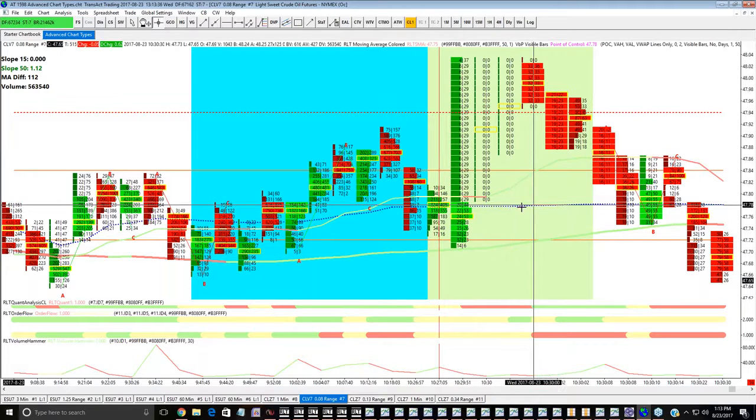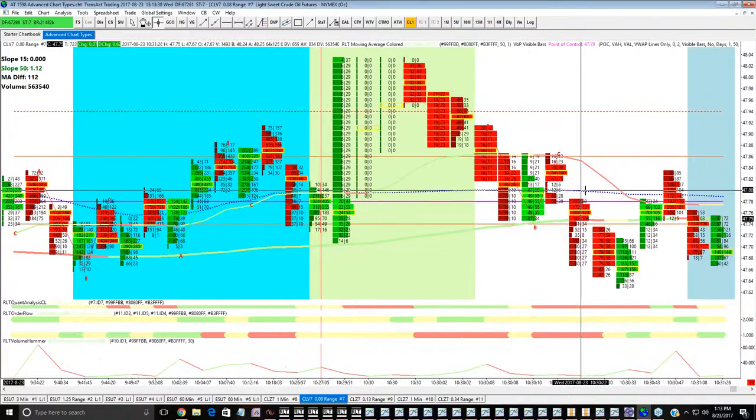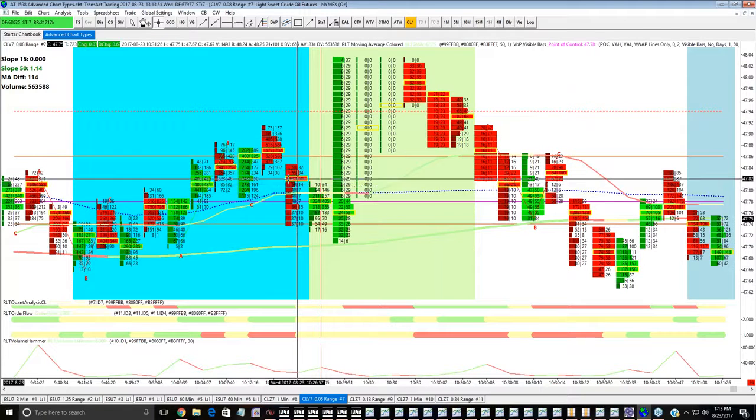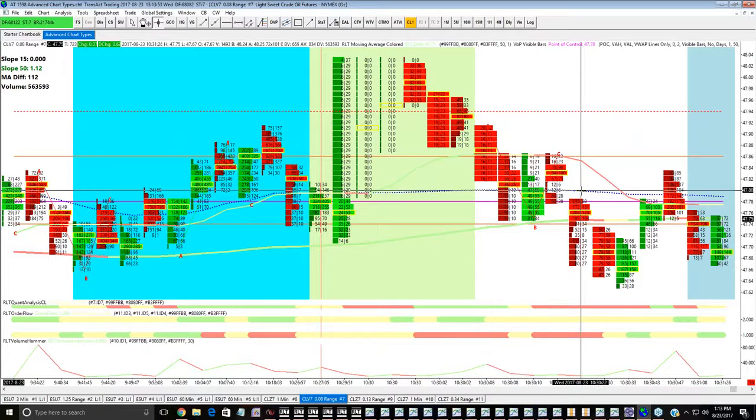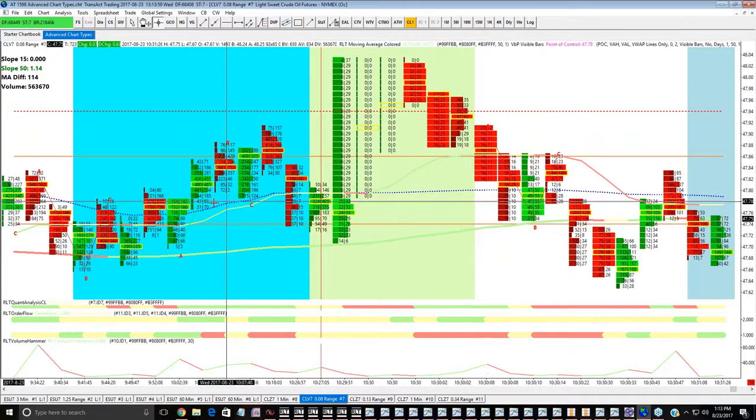So it's really a moving average, but it's a moving average not based on the average close, like a 15-period moving average is based on the average close going back 15 candles, if that's the period. This is based on the average volume going back.